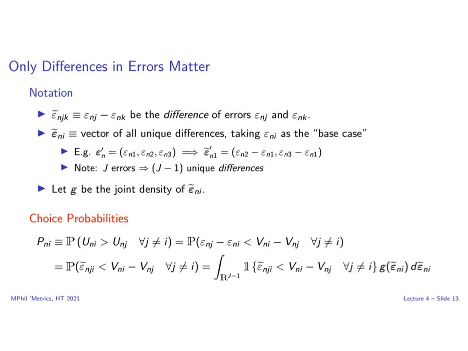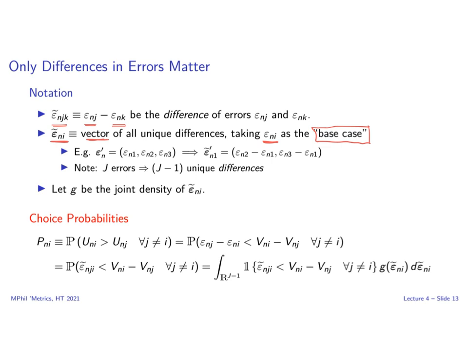From the perspective of choice probabilities, all that matters is the difference between error terms, not the error terms themselves. Define epsilon tilde_njk to be the difference epsilon_nj minus epsilon_nk. Taking this idea further, define bold epsilon tilde_ni to be the vector of all unique differences that take epsilon_ni as the base case.